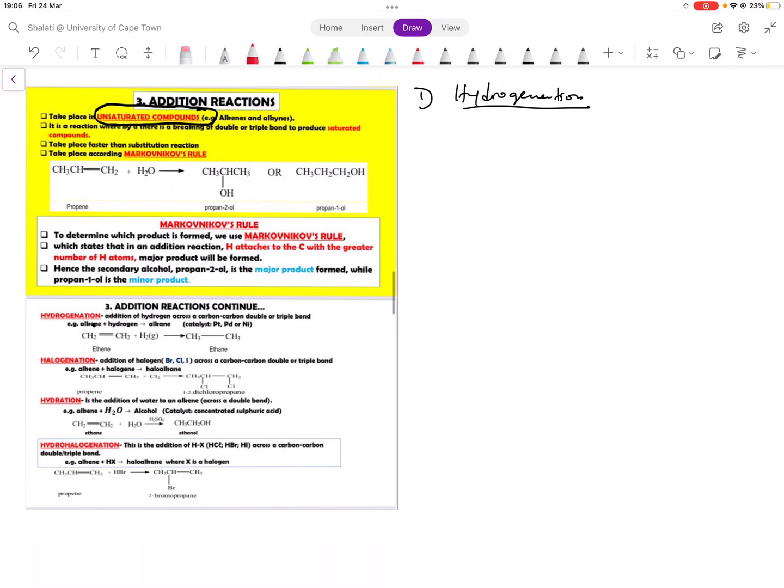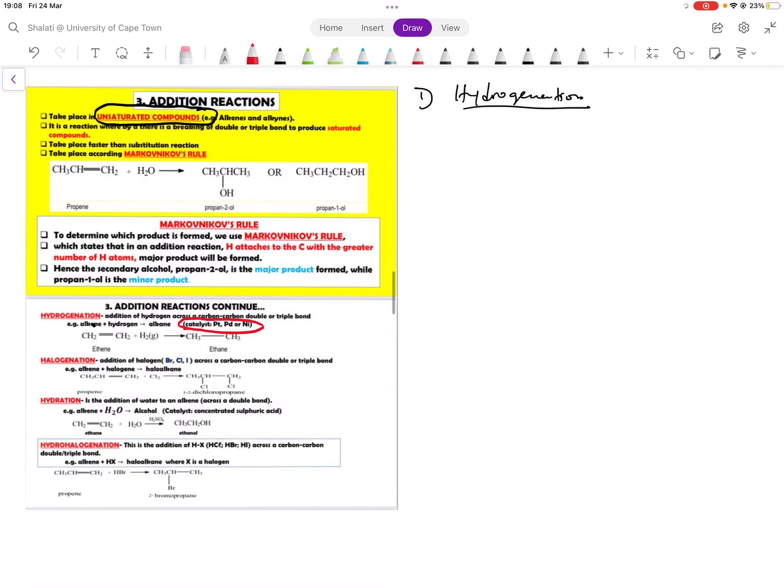The condition for hydrogenation is that we need a catalyst. The function of a catalyst is to speed up the rate of reaction. The catalysts needed here are platinum, palladium, and nickel. You need to know that, so write it down right away. You need to know the names of the catalysts which are needed.